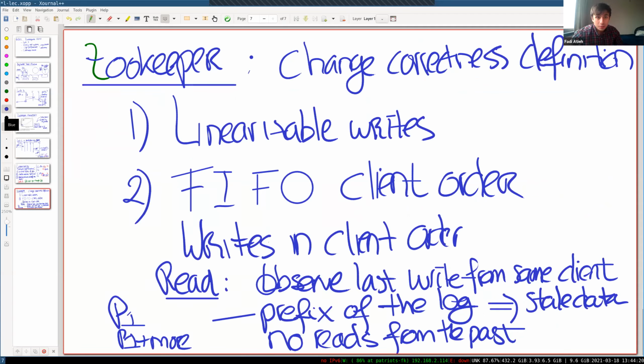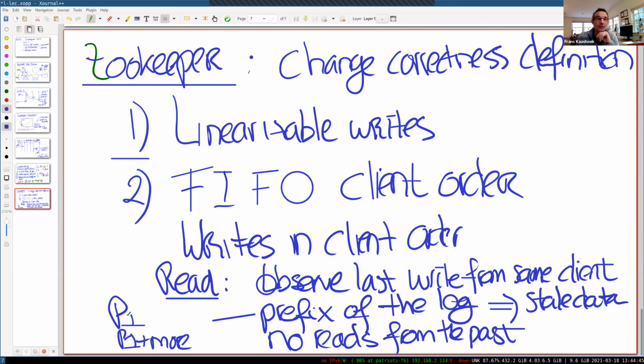So I have a question, a conceptual one. We have these two consistency guarantees, the linearizable writes and the FIFO client order. If we ignore the second constraint for a second, and only focus on the first one, does the definition of linearizable writes actually make sense, since the definition of linearizability depends on having a read operation and a write operation?